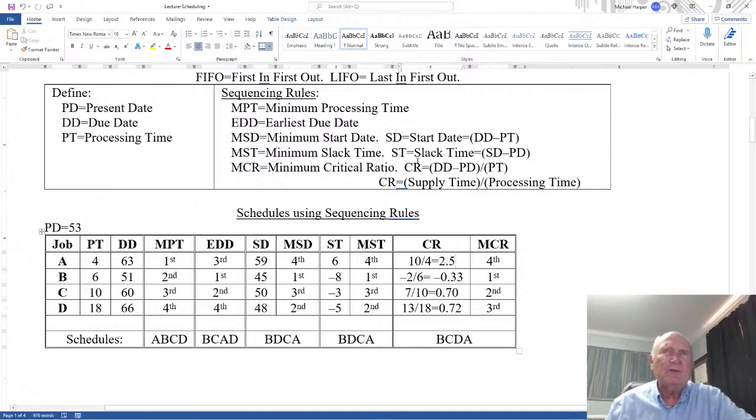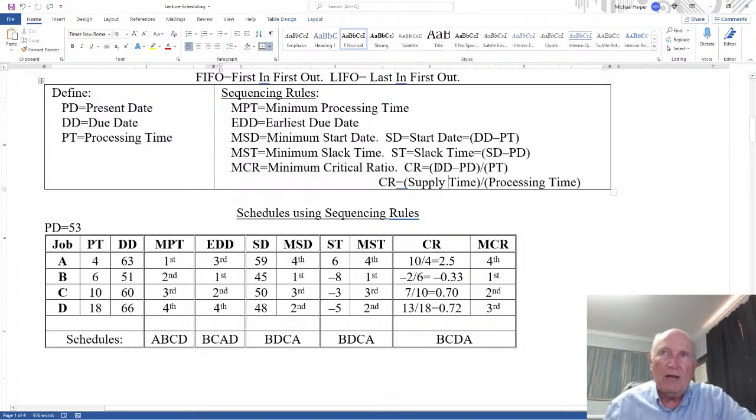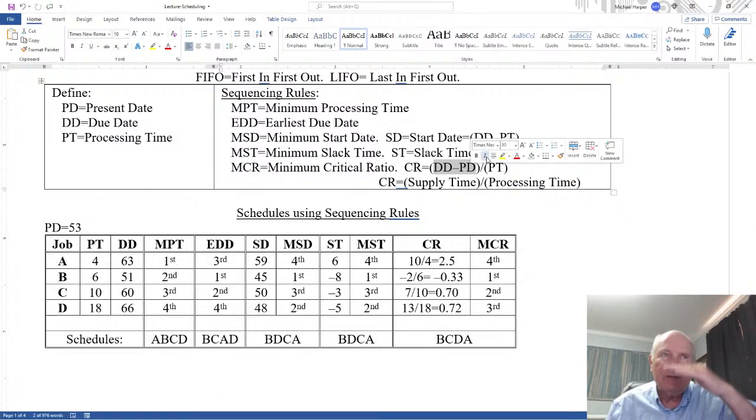Now, the critical ratio of all of these is probably the most flexible and the most powerful of these critical ratios. And here's why. I have the numerator, which is supply time, and the denominator, which is processing time.